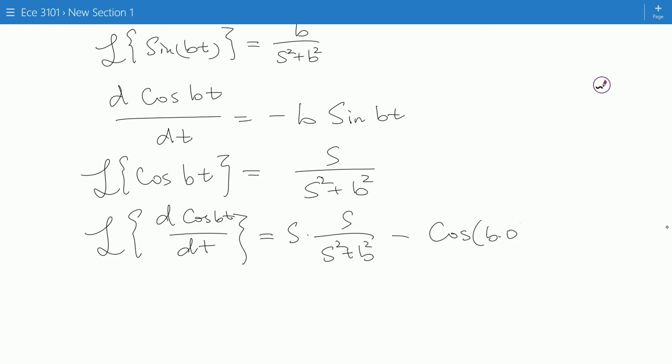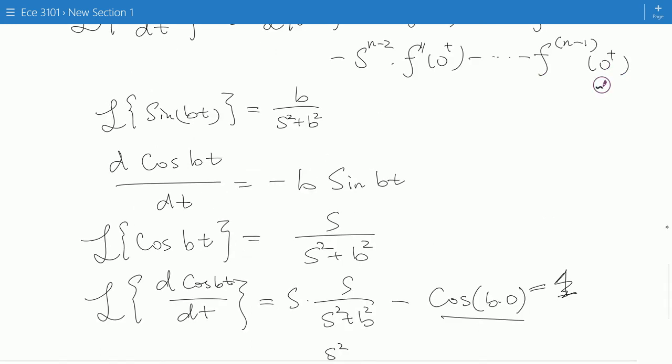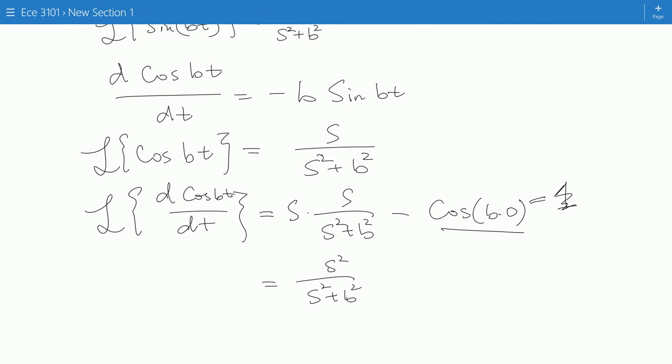Since cosine is a continuous function, 0 and 0 plus doesn't make any difference. And cosine evaluated at 0 is equal to 1. So altogether, it should be s squared over s squared plus b squared, minus 1, which is b squared.